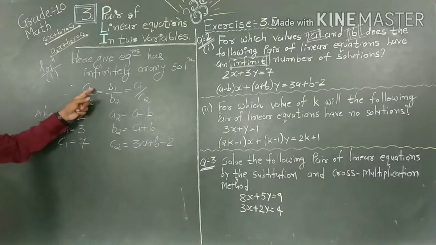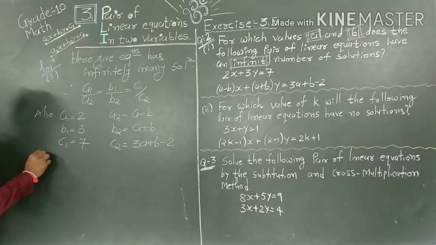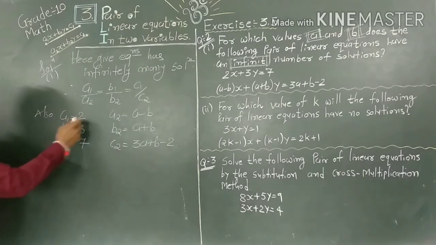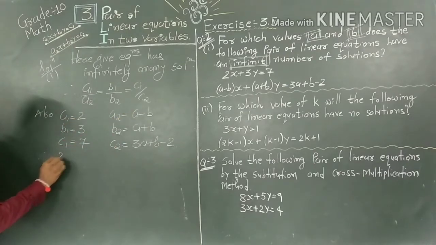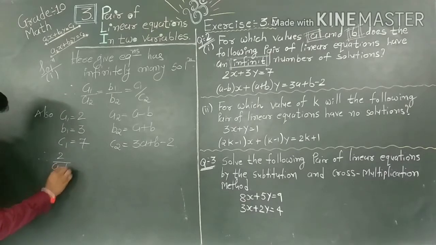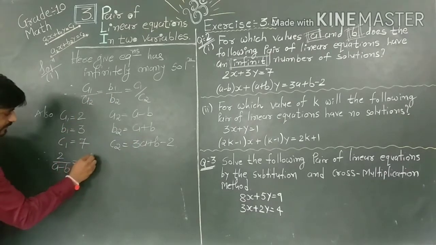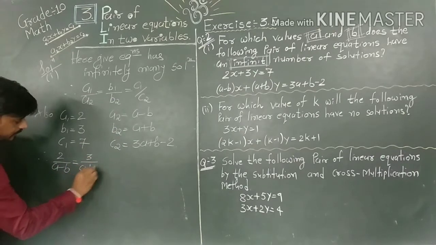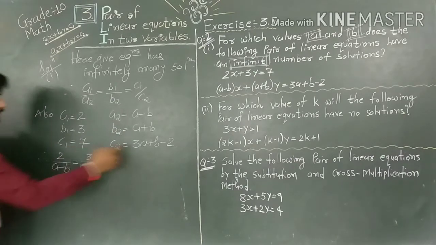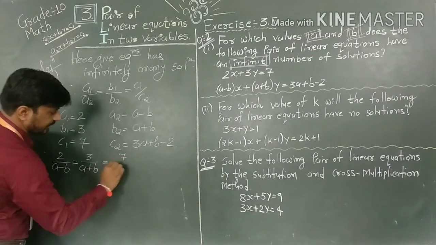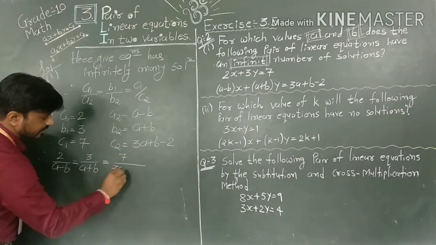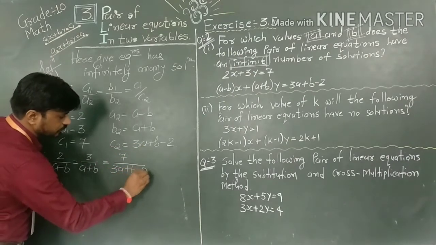Now we apply this condition. Therefore I write a1 upon a2, that means 2 upon a minus b, is equal to b1 upon b2, that means 3 upon a plus b, is equal to c1 upon c2, that means 7 upon 3a plus b minus 2.